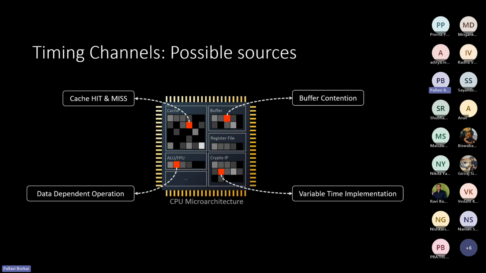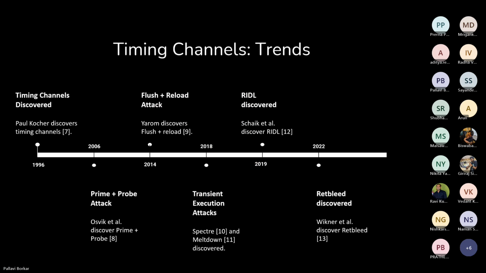All of these vulnerabilities can be exploited to extract information which is either executing or is stored in the respective module that it is targeting. Over the years, these attacks have been evolving to become more powerful and complex.